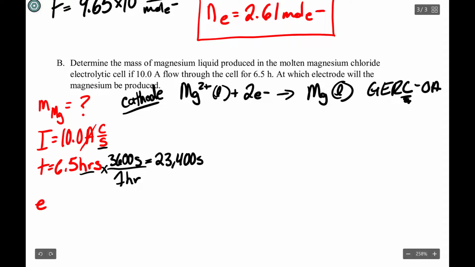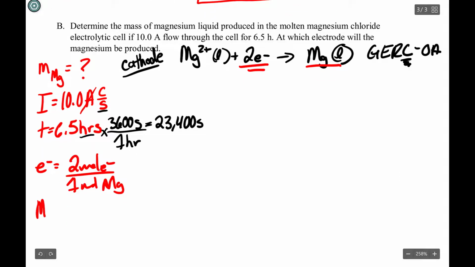My mole ratio would then be 2 moles of electrons, which is here, for every 1 mole of magnesium, which is here. This also tells me that the molar mass must be of magnesium. And so the molar mass of magnesium is 24.31 grams per mole.